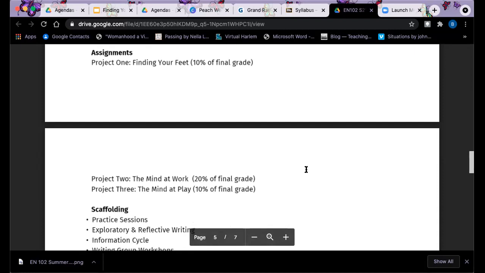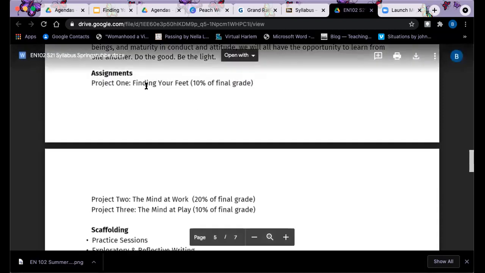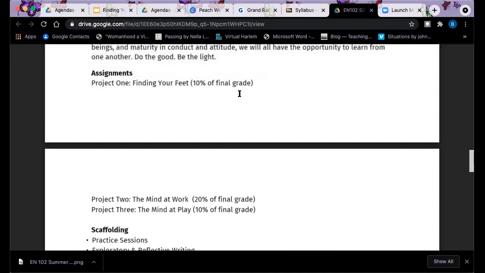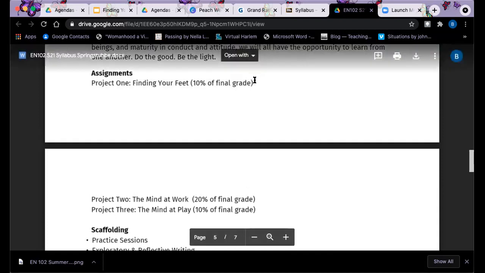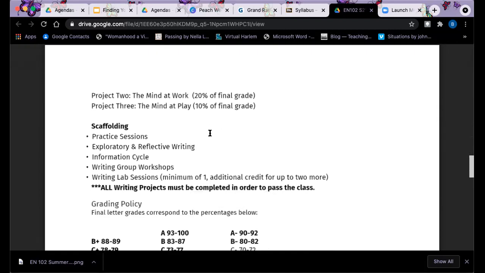So as I have said, we are having 3 major projects this semester. Project 1 is called Finding Your Feet. That is 10% of your final grade, and that will be the literature review, and that is the one we are spending the most time on this semester. Following that will be the Mind at Work. That is Project 2.